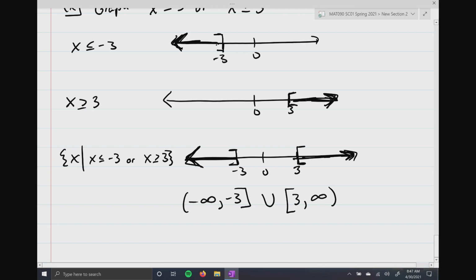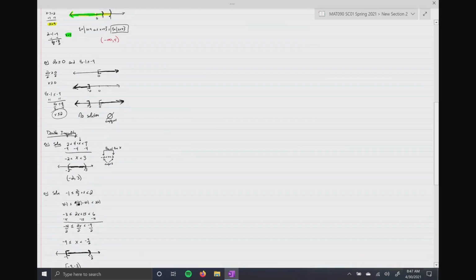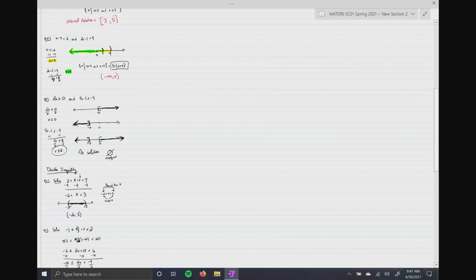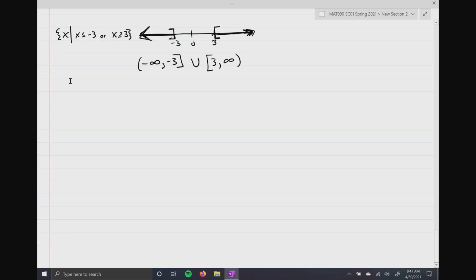Here is the major difference between this problem and that and problem. In fact, let me zoom out. Let me go find that one real quick. You don't have to write this down.